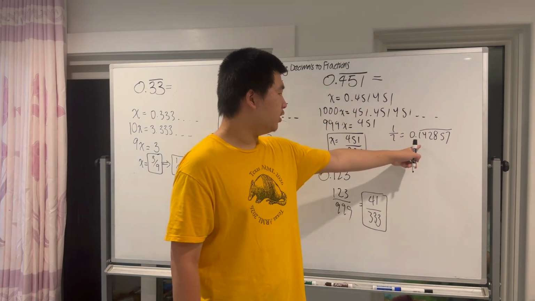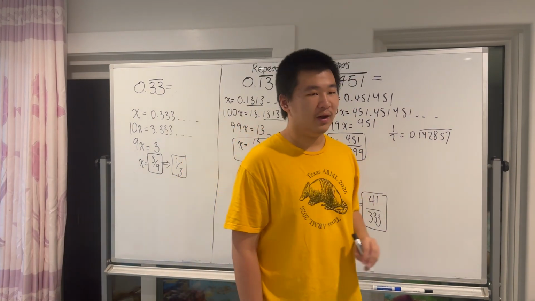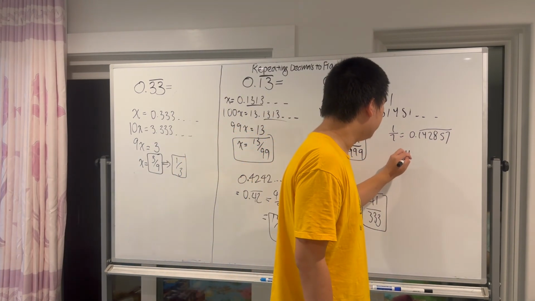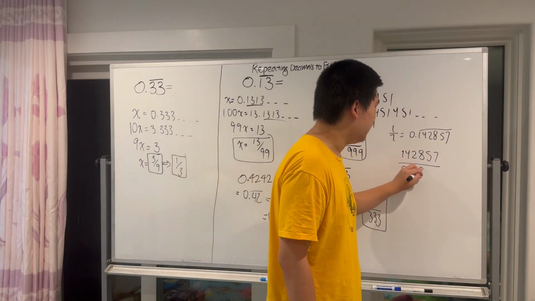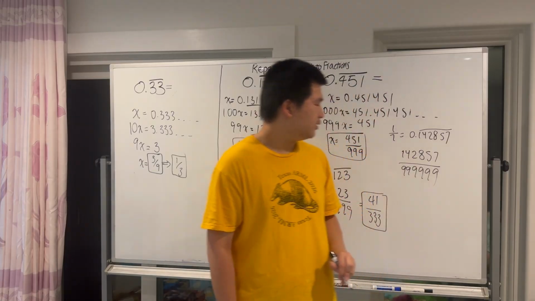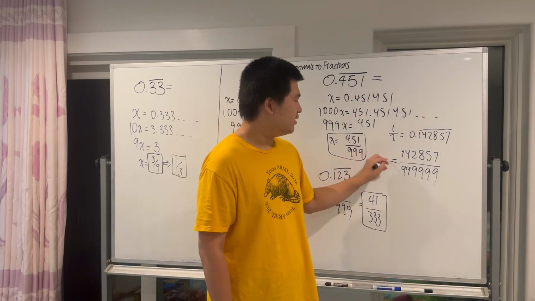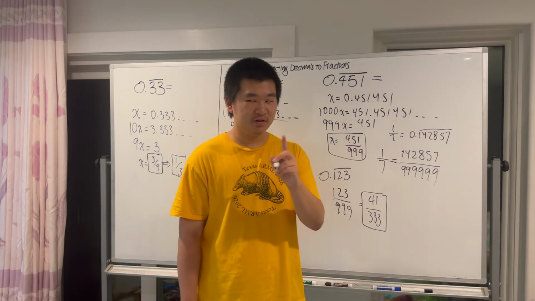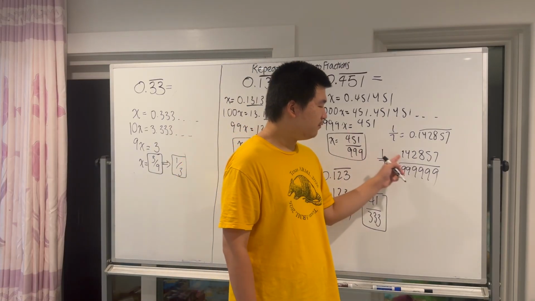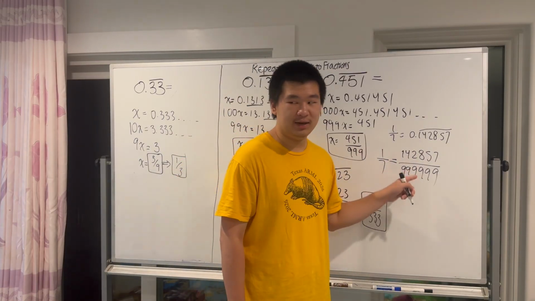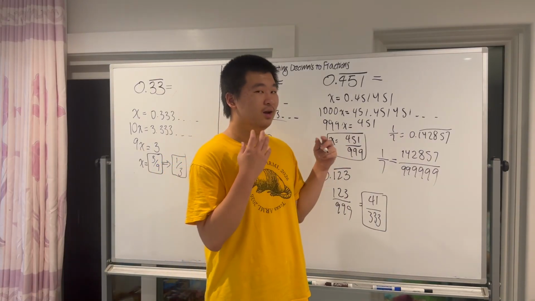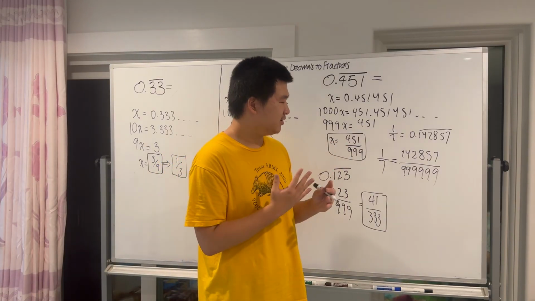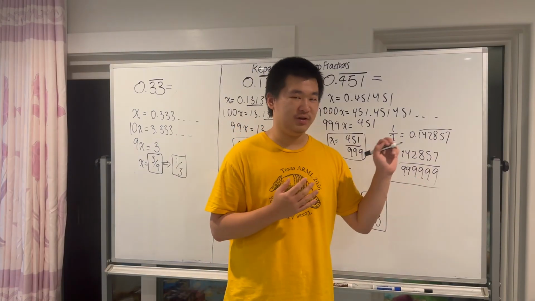But using this new logic, 0.142857 repeating should be equal to 142857 over 999999, which means that this equals 1 over 7, which also means that 7 times 142857 must equal 999999, and that is a beautiful fact. Also, hopefully, one that you remember that we covered. So this is a very, very intriguing connection.